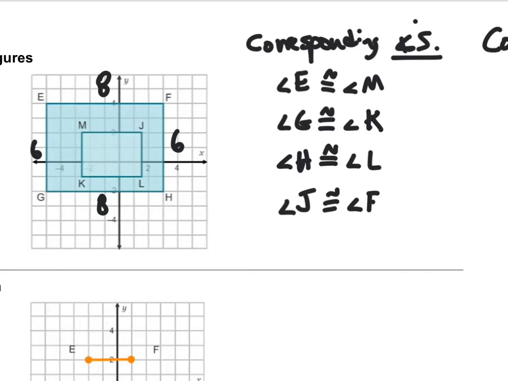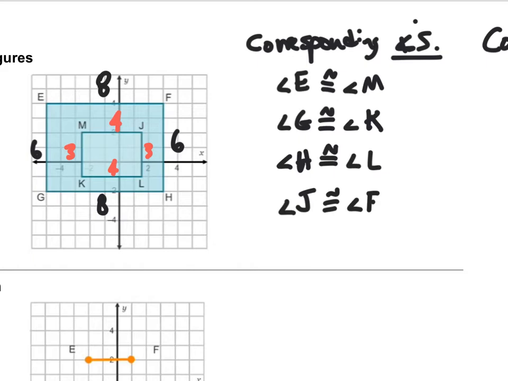MJ is going to be a length of 1.5 to negative 2.5, which is a total length of 4. That means that KL is also going to be 4, and then MK is from 2 to negative 1, that's a length of 3, and this is a length of 3.